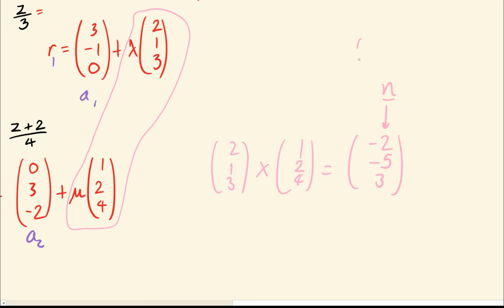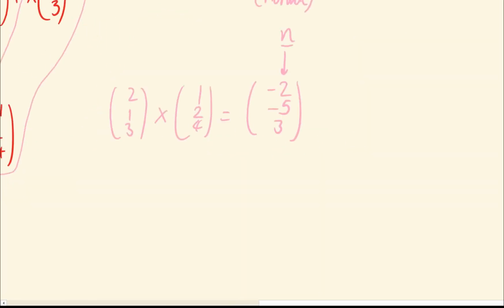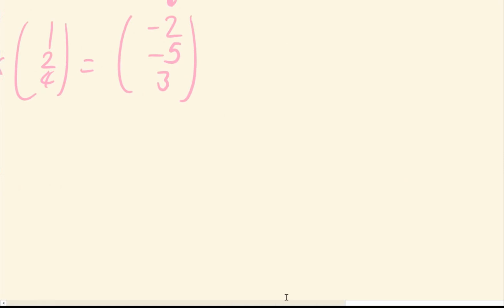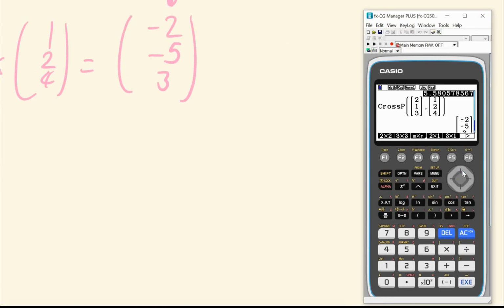That is a normal vector. However, it's not a unit normal vector, so we can normalize it. Again, this can go back to our calculator, where I did normalize up here. I can plug in those numbers, minus 2, minus 5, and 3, and that will tell me how big it is.